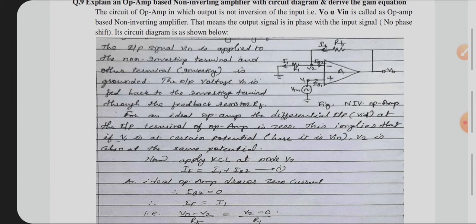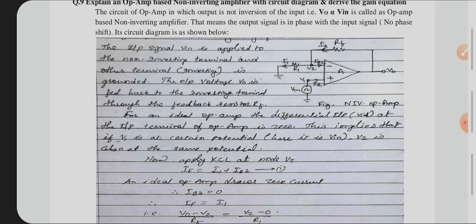So if, for example, plus 5 volt is applied at the non-inverting input terminal and the gain of the op-amp is 1, that means there will not be any amplification, but the output will be the same as the input, equal to plus 5 volt. If minus 5 volt DC is applied at the non-inverting input terminal, the output will be the same, minus 5 volt, because there will not be any inversion in the sign. That's why it is called a non-inverting amplifier.